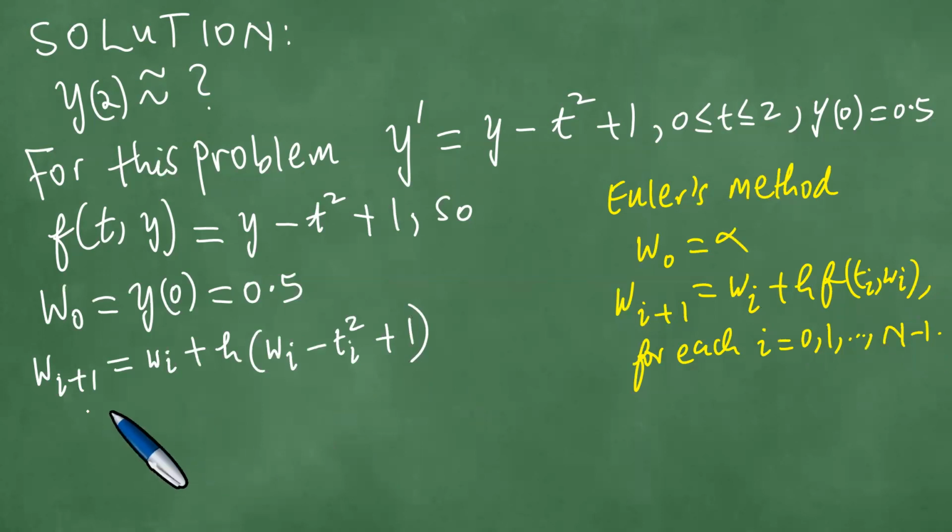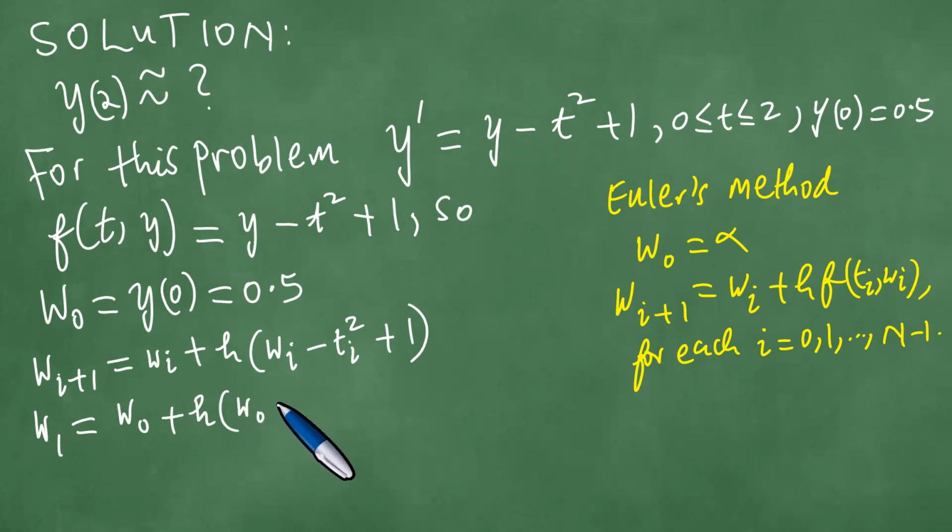So this is the relation we're going to be using. This basically becomes our Euler's method in this particular question, because they only differ by the differential equation that is given. So at this point, for example, we shall say W1 equals W0 plus h, because we want to find W1 by making i 0. So let's write this.